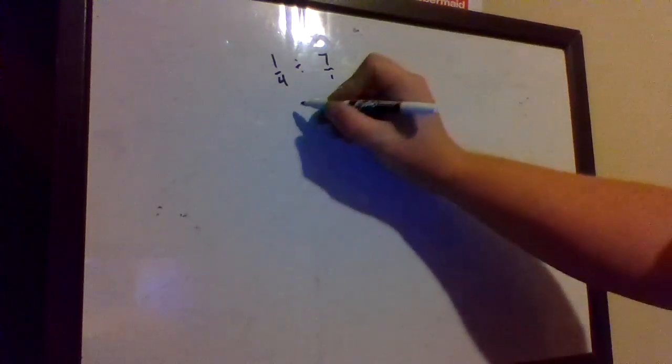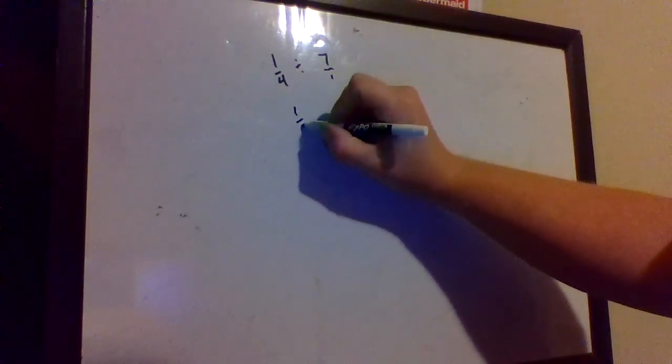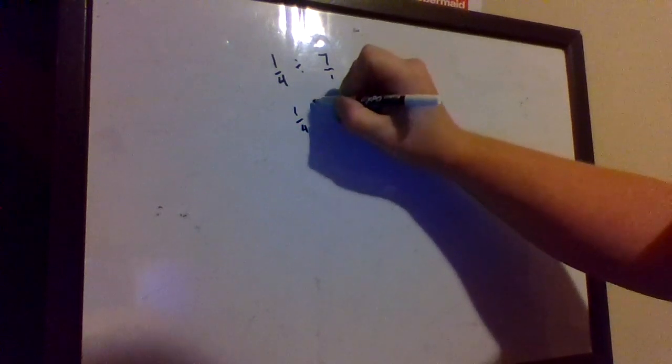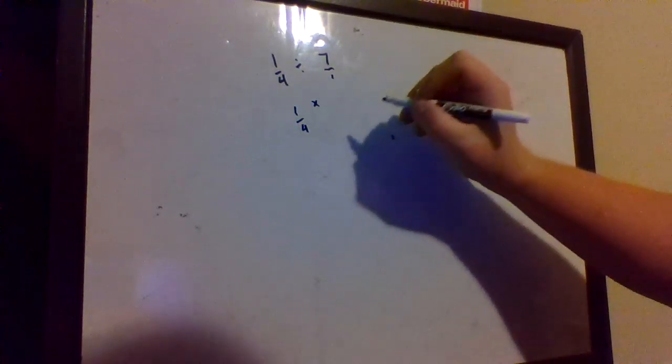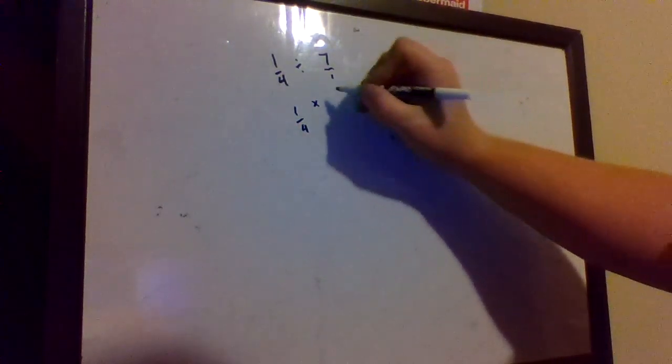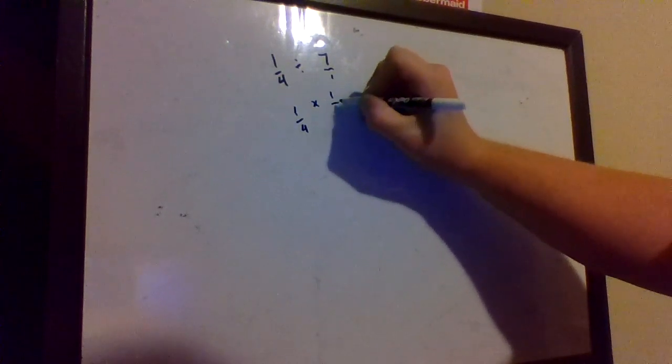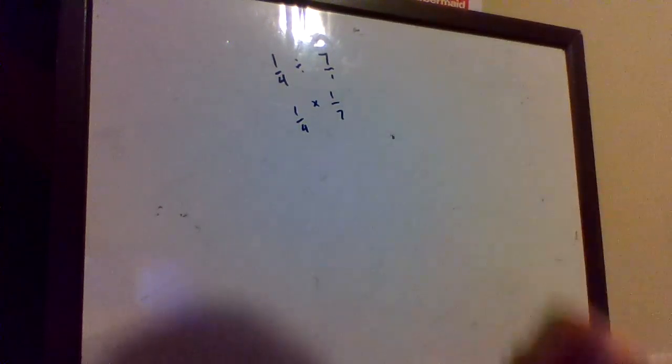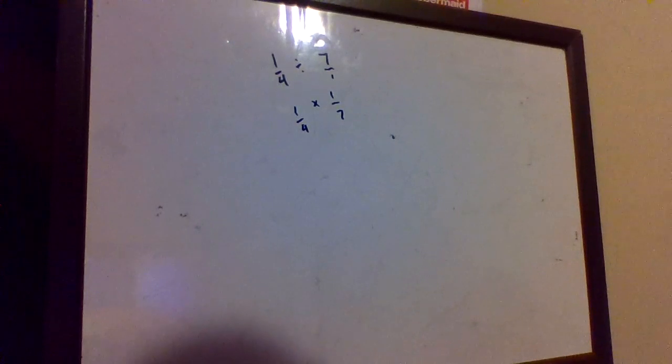So we don't have anything to convert, so we're just going to keep the 1/4, change the division to multiplication, and flip the 7/1 into a 1/7. Because why? Because that's the action.